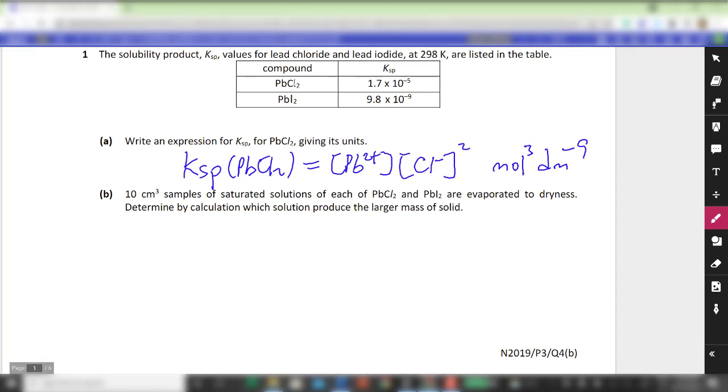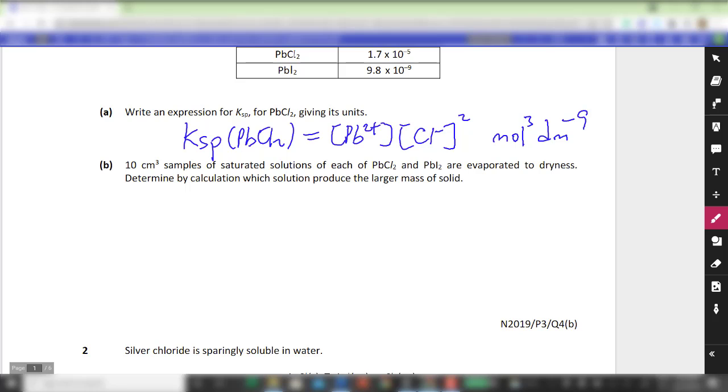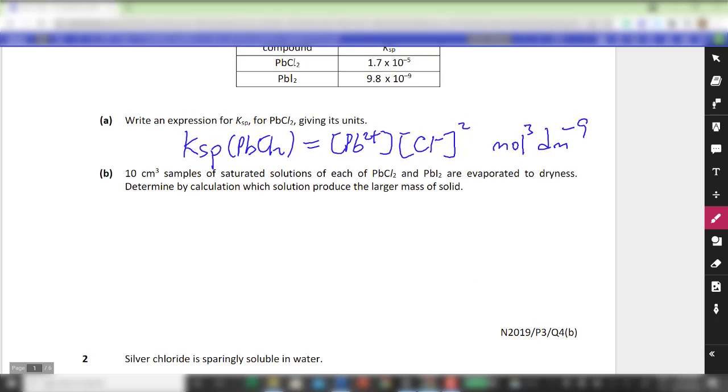Okay, and very quickly let's look at 1b. You have 10 cubic centimeters of samples of saturated solution for each of PbCl2 and PbI2 evaporated to dryness, and then you're supposed to determine by calculation which solution produced the larger mass of solids.